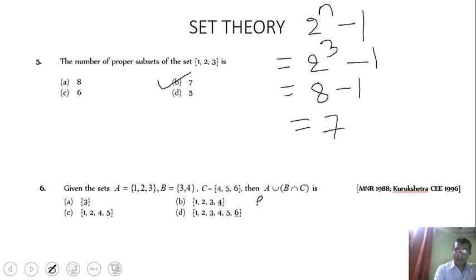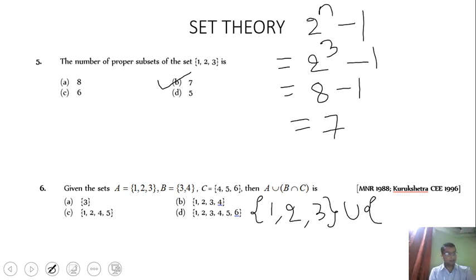First we write the set A as it is, 1, 2, 3, union, then we find B intersection C. In B and C, element 4 is common in both sets, therefore we get B intersection C as a singleton set 4.